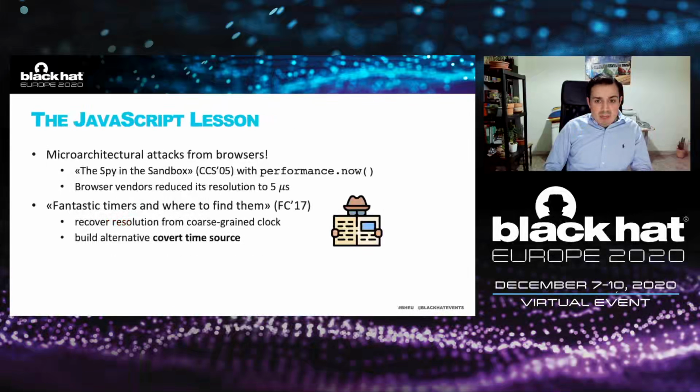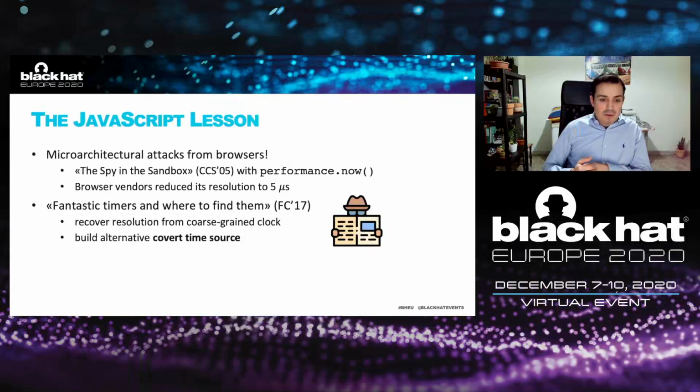This problem is not new in other areas either. So, for instance, in the microarchitectural attacks literature, there was this seminal work, The Spy in the Sandbox, where they were able to perform an LLC attack from a browser using JavaScript and the performance.now primitive of JavaScript.